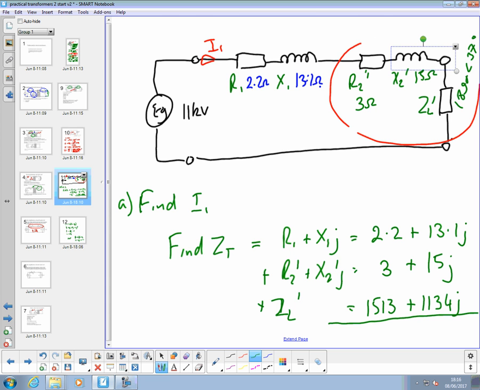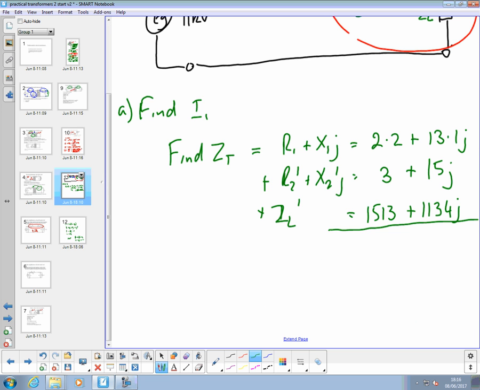And doing it that way makes them easier to add up, because you add up that column and that column separately. Yeah?